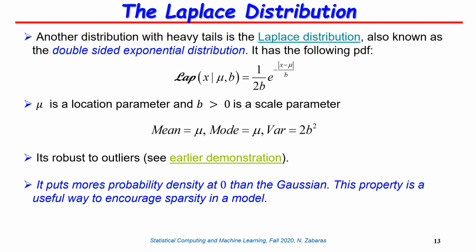It is going to force many of the parameters to be concentrated around this 0 value where most of the probability mass is, and as a result a lot of these parameters will become insignificant. This is what we mean when we say this type of distribution encourages sparsity in a model. And as we will see, exploiting sparsity is a very key ingredient of successful machine learning algorithms.